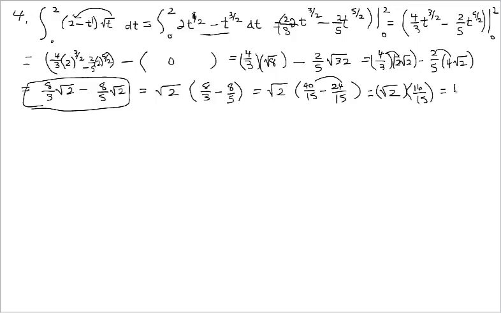You could rewrite it as 16 square roots of 2 over 15. Quite a tedious problem after you found the antiderivative. It wasn't the calculus that made this difficult, it was just the radicals and all our previous algebra work and changing its form.